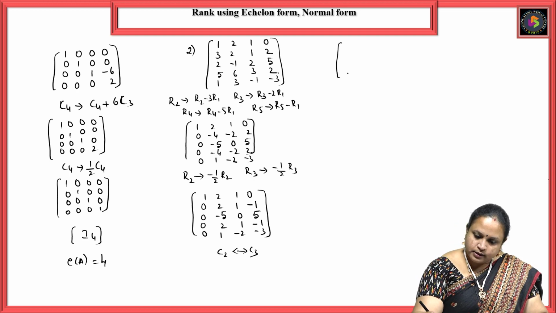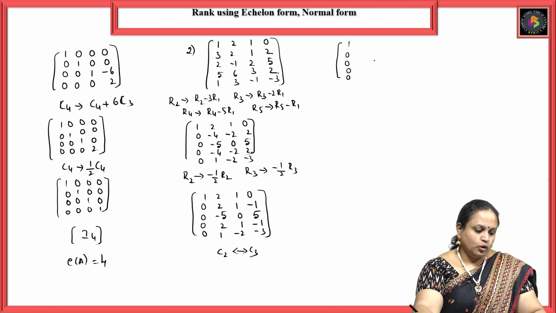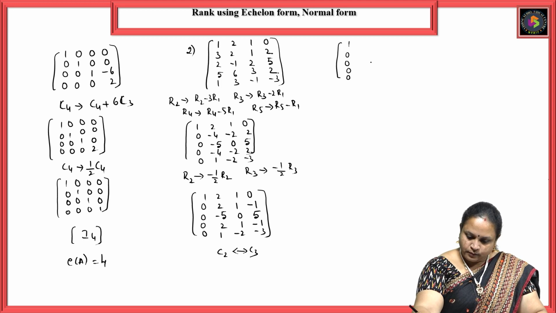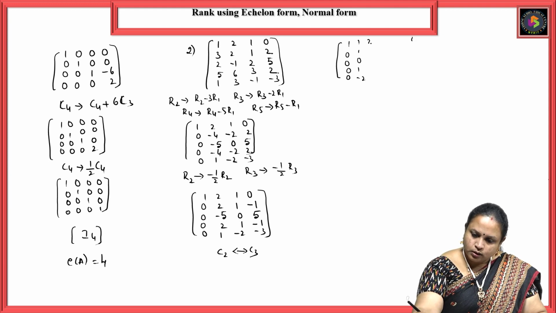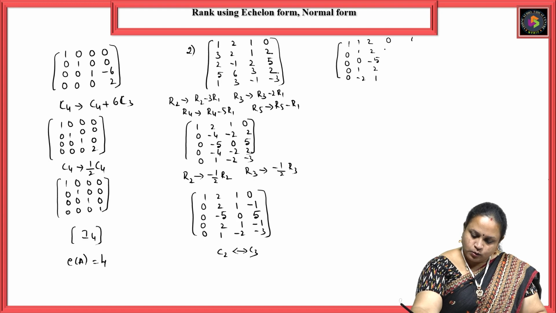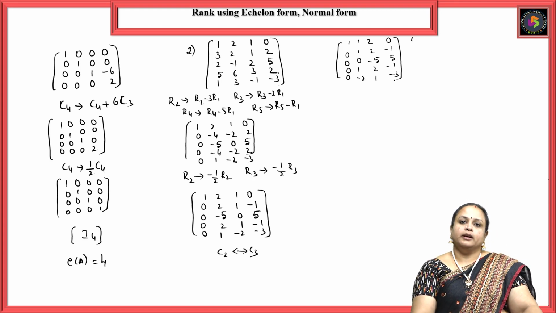So for that reason we are interchanging the second column with the third column. So what are we getting? 1 1 0 1 minus 2 2 2 2 minus 5 2 1 0 minus 1 5 minus 1 minus 3. This is what we are getting.